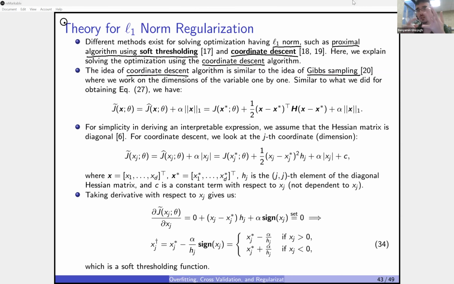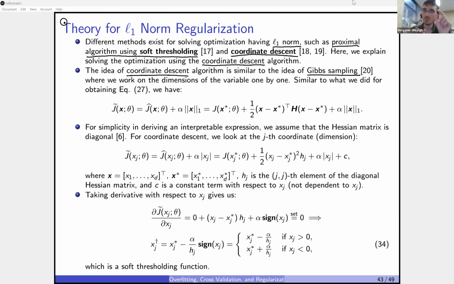Gibbs sampling, if you are not aware of it, in statistics, there are various ways for sampling from distributions, right? One of them is Gibbs sampling, which says that if we have a multivariate distribution, let's sample from one of the dimensions conditioned on the other dimensions. So it has, for example, d dimensions, right?